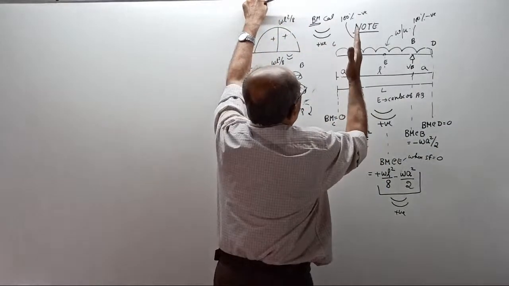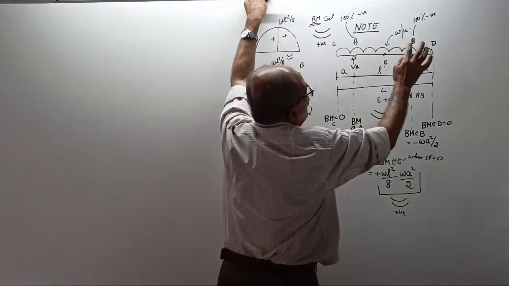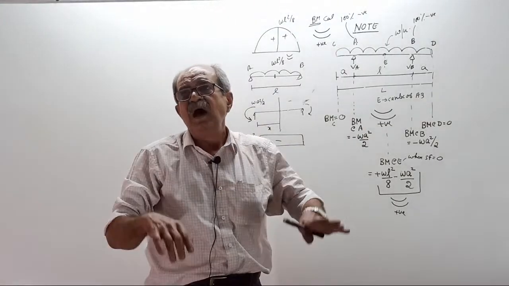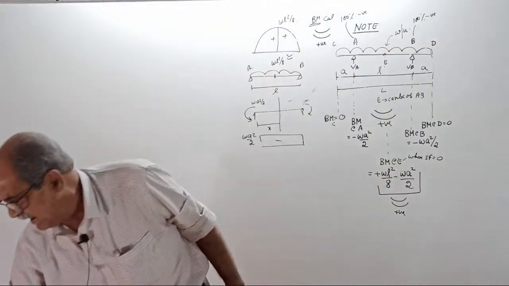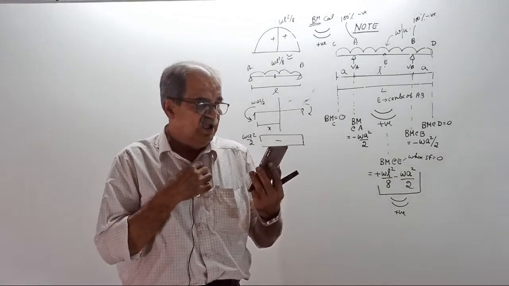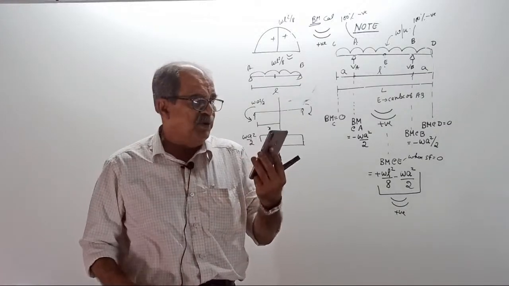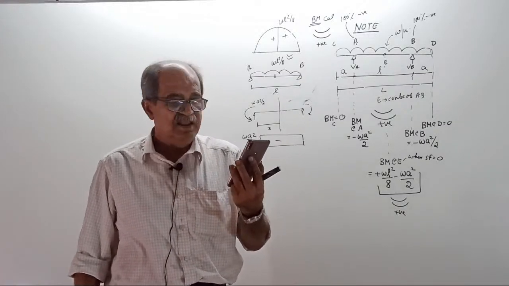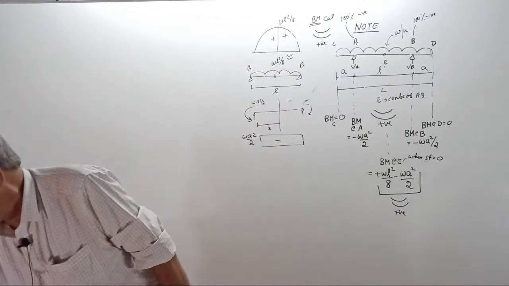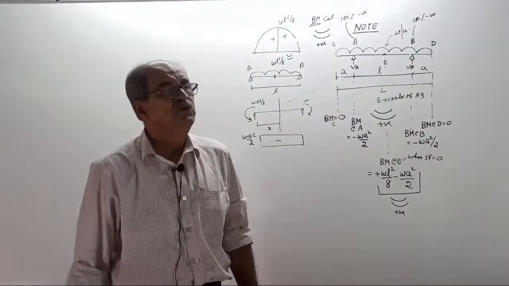When you want BM here, look this side. At supports, bending moment will be 100% negative. That nobody can change. Support bending moment is 100% hogging. Clear? Center point E, bending moment you cannot tell.